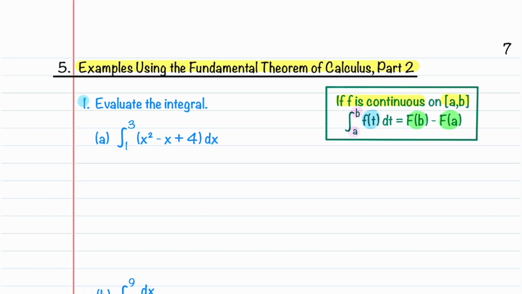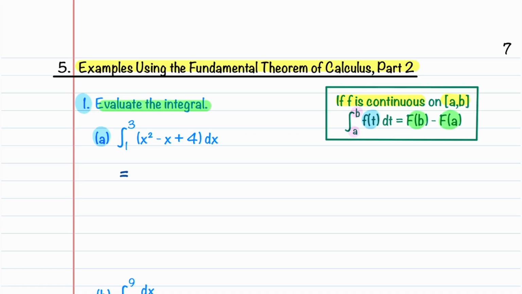Let's look at our first example. We are going to evaluate the given integral. In part A, we have the integral from 1 to 3 of x squared minus x plus 4 dx. The Fundamental Theorem of Calculus Part 2 tells us that this definite integral is equal to the antiderivative of each term in our integrand evaluated from 1 to 3.